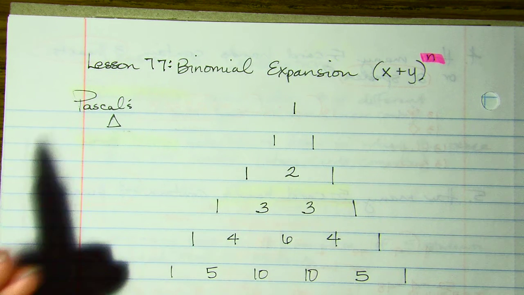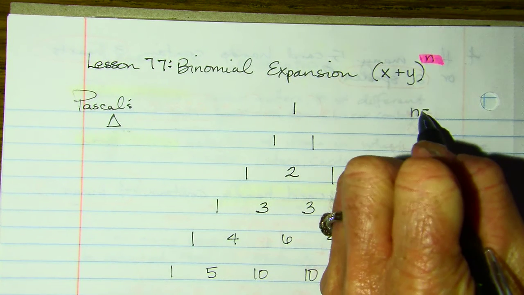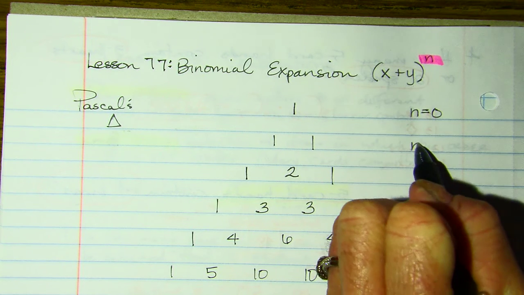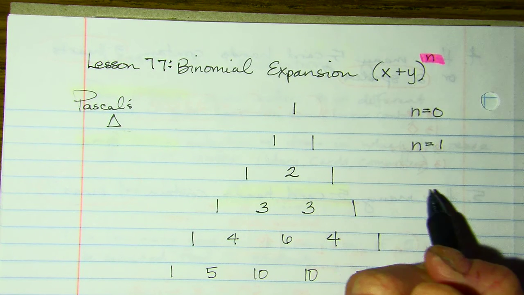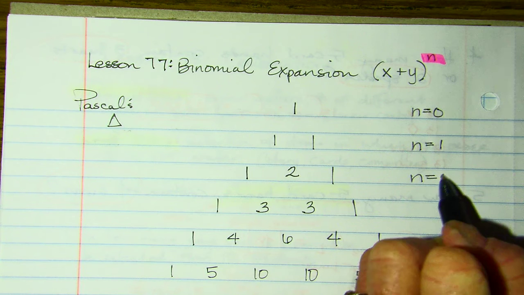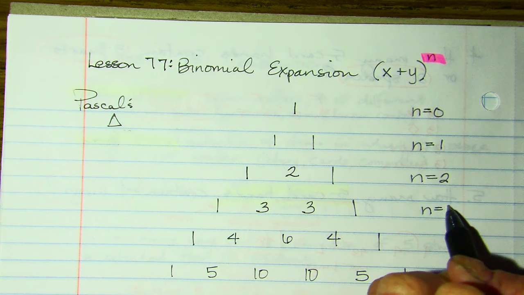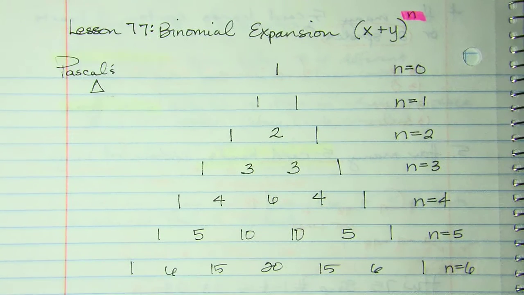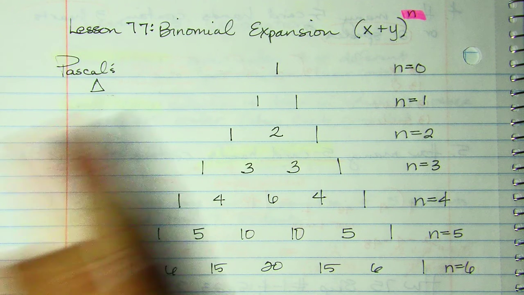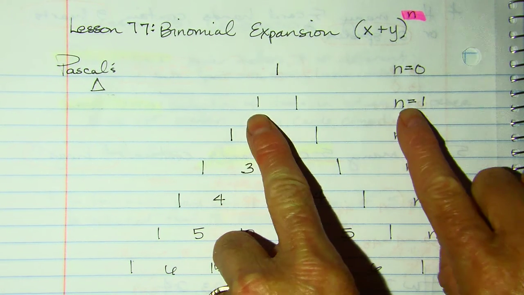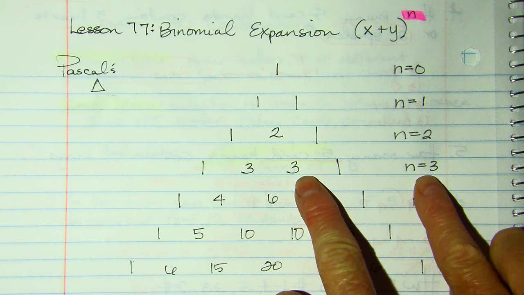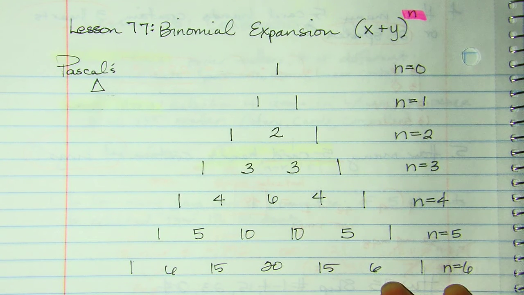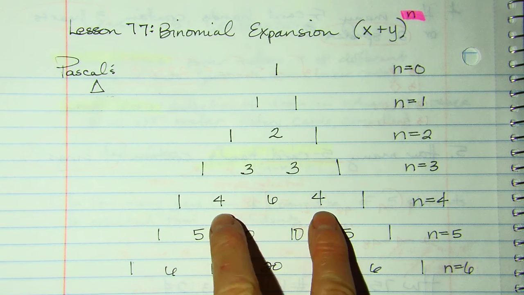So for row 1, this is when n equals 0. The next row is when n equals 1, when n equals 2, when n equals 3, when n equals 4, when n equals 5, when n equals 6. And hopefully you notice it corresponds, like if you look at this diagonal of numbers, n equals 1, 2, 3, 4, 5, 6. So like in row 4, there should be some 4s, okay?